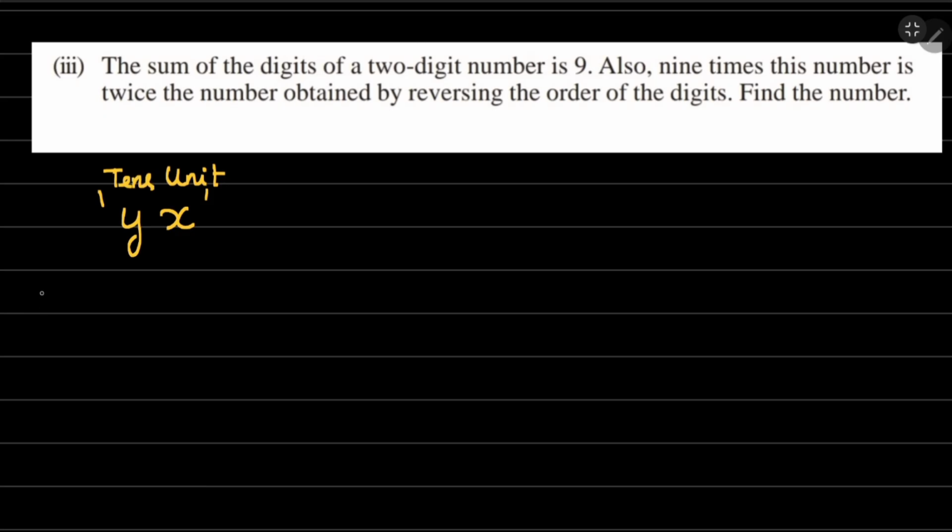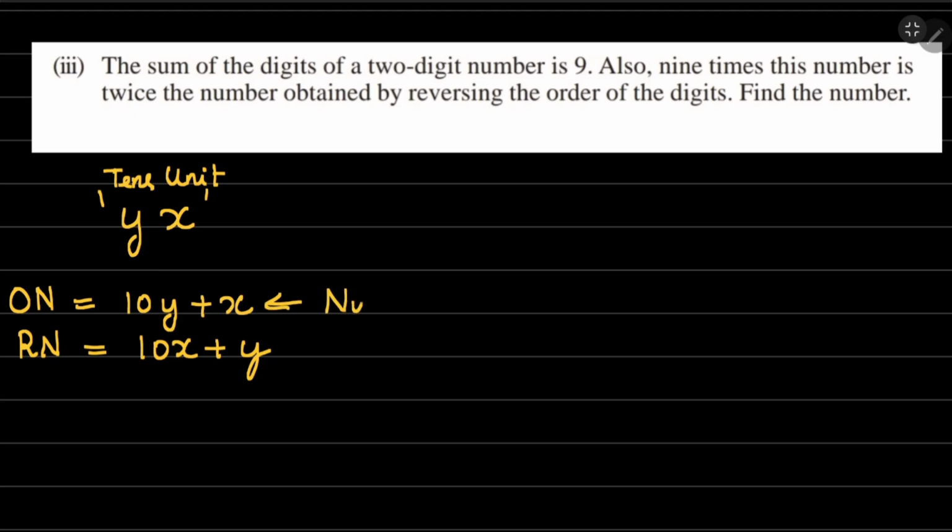So what is your number? Original number will be 10y plus x. And what will be your number when it is reversed? It will be 10x plus y, your reverse number. This is your original number, which you have to find.